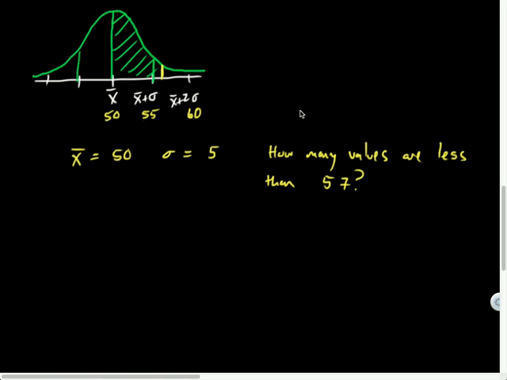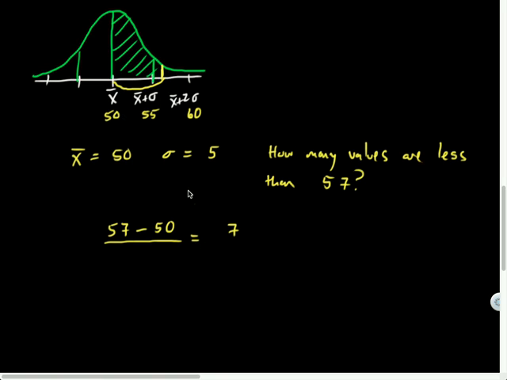Well, the way we could find that is if I take 57, subtract the mean from it, and I get 7 units. This is 7 units above the mean. That's not in standard deviations, that's in units of whatever this is measured in, ages of people, who knows.